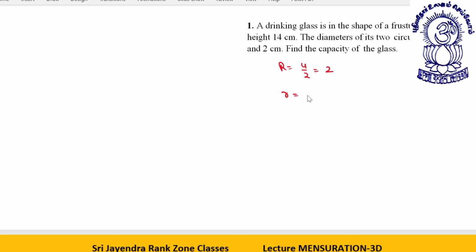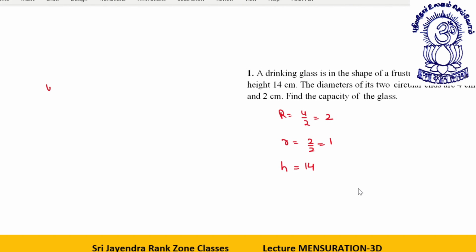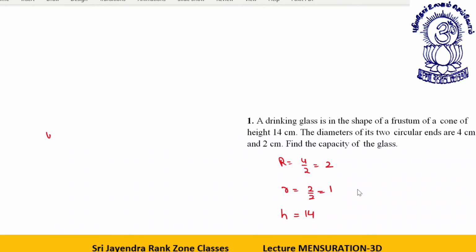Small r will be 2 by 2, that is 1. Height is given to you as 14 centimeter. So what will be the volume?